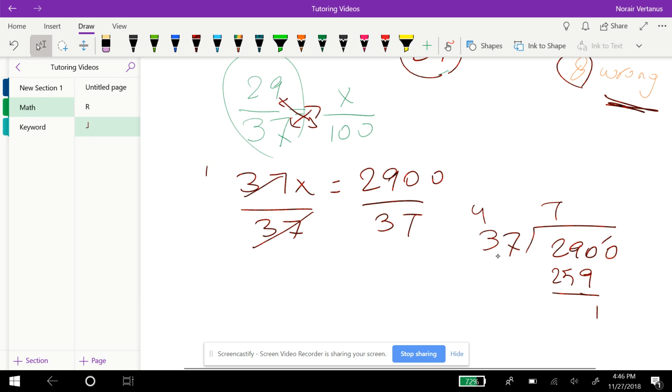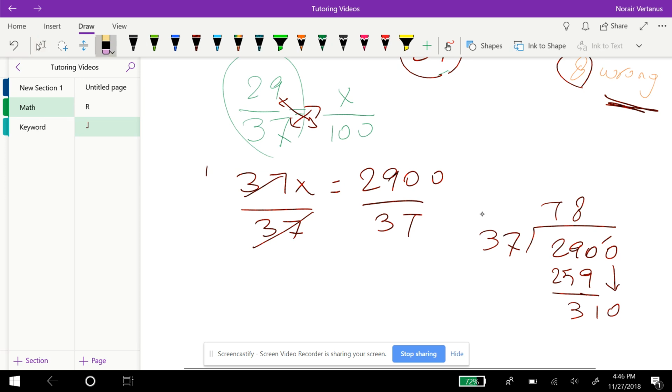The remainder is 1, and then 8 minus 5 is going to be 3. We're good, 31 is smaller than 37, right? So then next 0 goes down. And then how many times? 8 times 7 is 56.